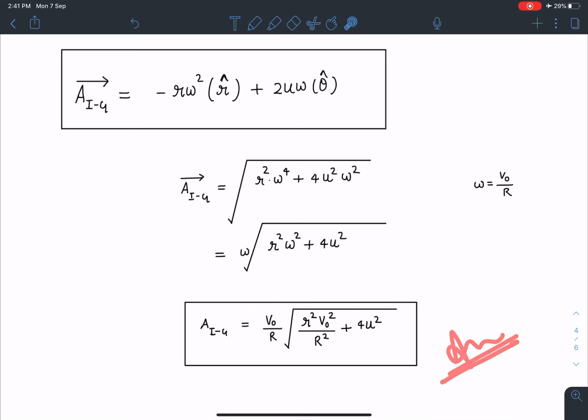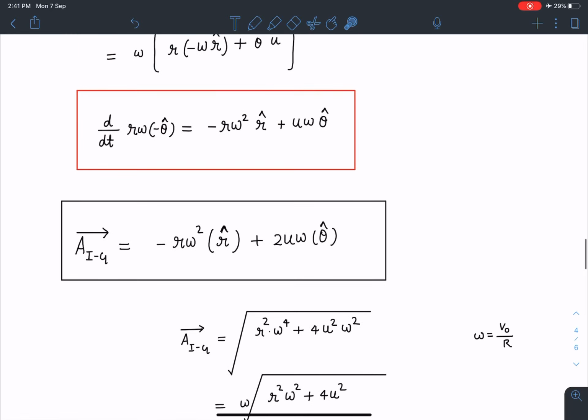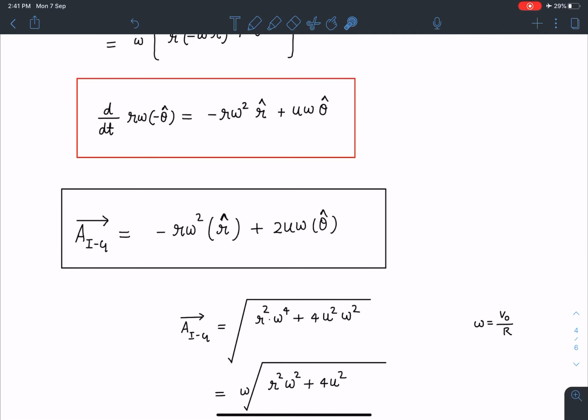I hope you have learned this concept properly, and in future I'll be including the method of Coriolis force also, which will just reduce the problem to just 2 lines, because you are going to write it as the pseudo forces will be centrifugal force and Coriolis force. So we will be getting the corresponding accelerations with the negative sign.